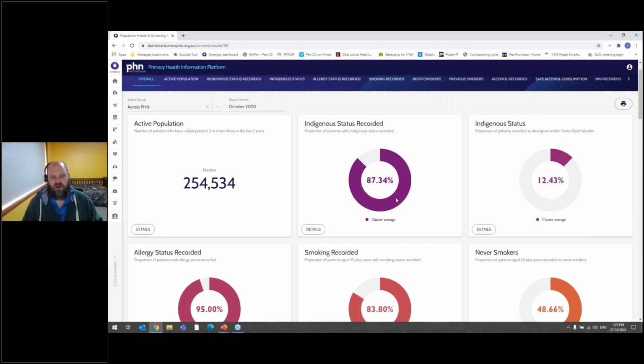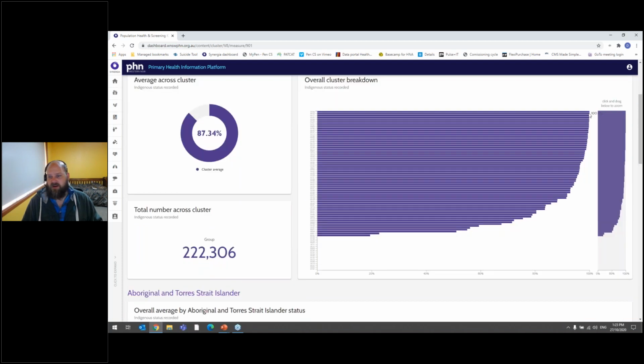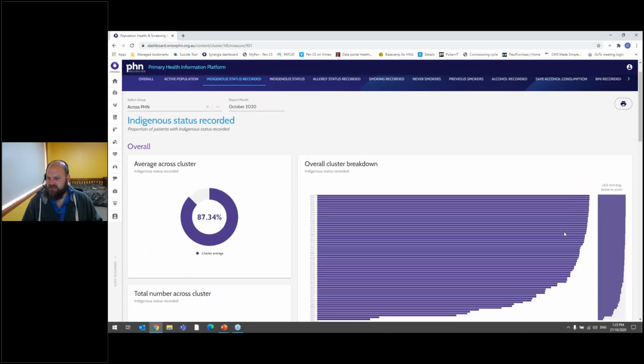And I'm sure if we were to dive down here, there'll be a lot of variation between practices, but you can see there are a lot here that are 100, 90%. And where some practices may be struggling, it's really in the 50% here. But by and large, there's some really great work that's happened in this space. Look at that, over 90 there, all the way there. So that's a lot of the patients who have been asked that question.